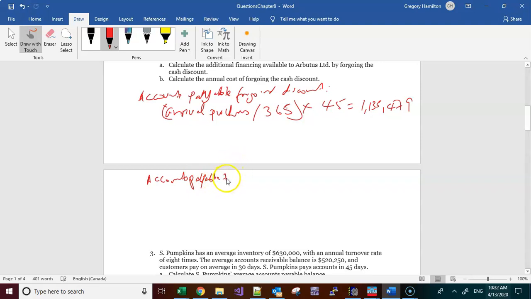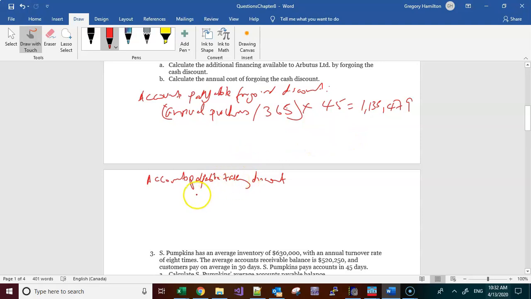Accounts payable taking a discount. Taking discount would be what? It would be the same annual purchases that we just found, multiplied by the discount amount.